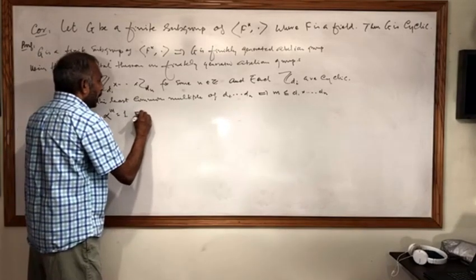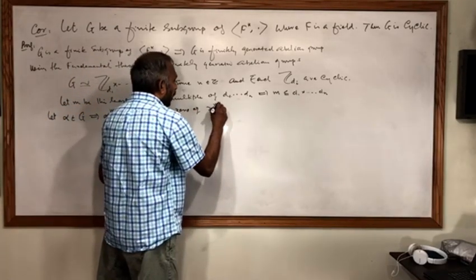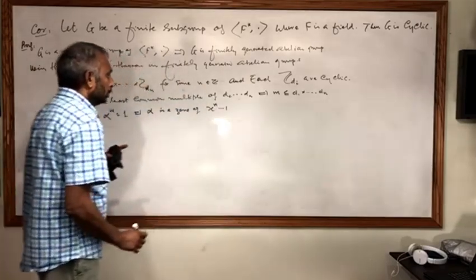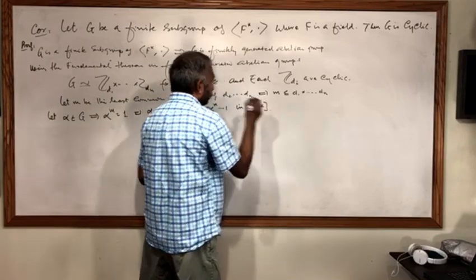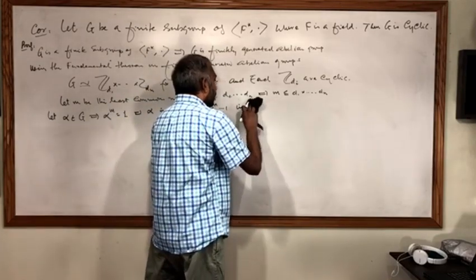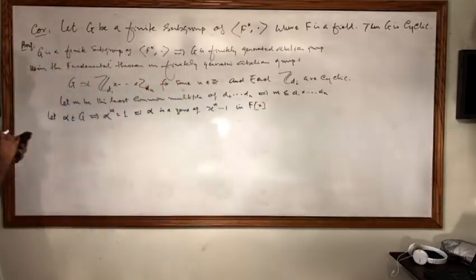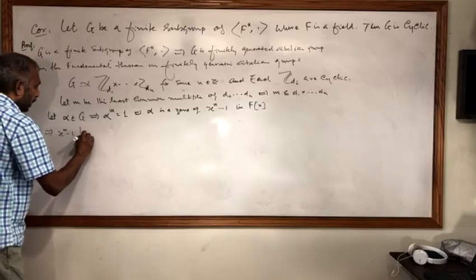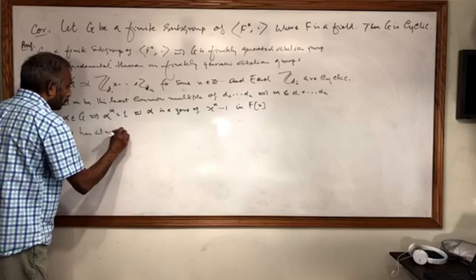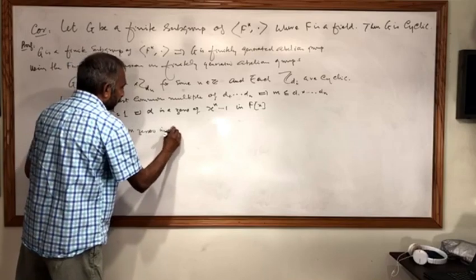That implies alpha is a zero of x to the power m minus 1 in F[x]. That implies x^m minus 1 has at most m zeros in G.